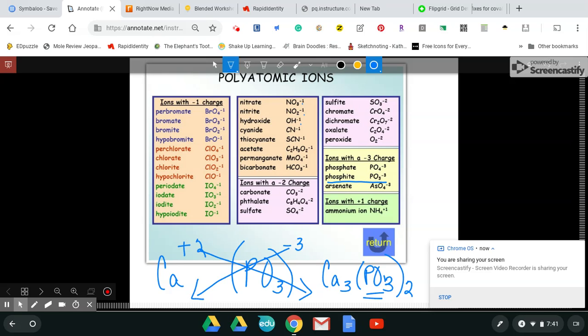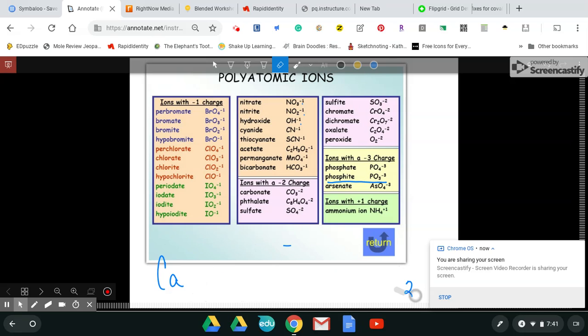All right, let's do another one. Let's do a positive one. Let's say that I've got ammonium. This is ammonium right here. NH4, its charge is +1, and I want to combine it with nitride.